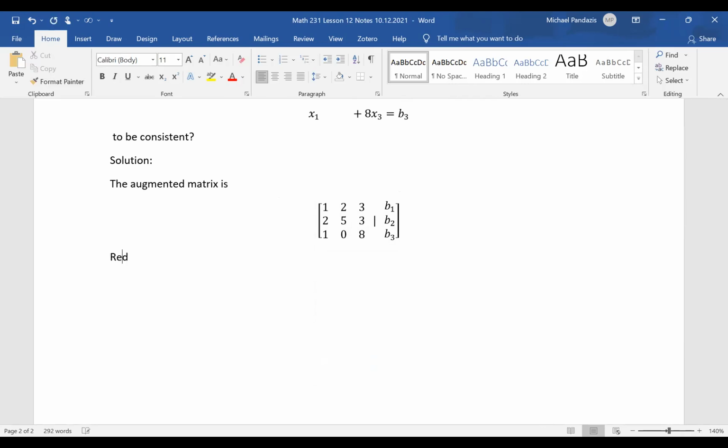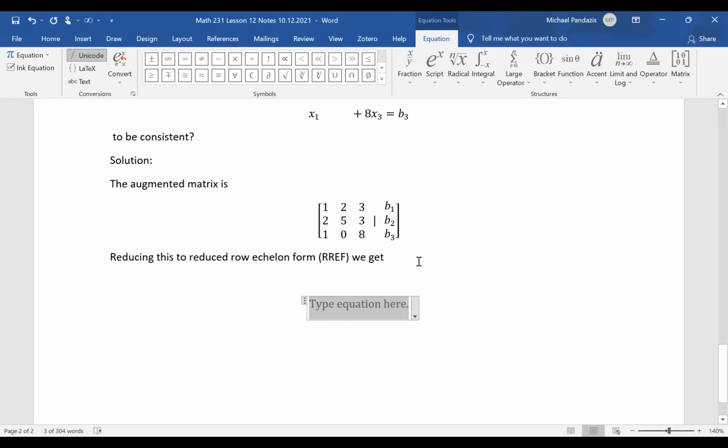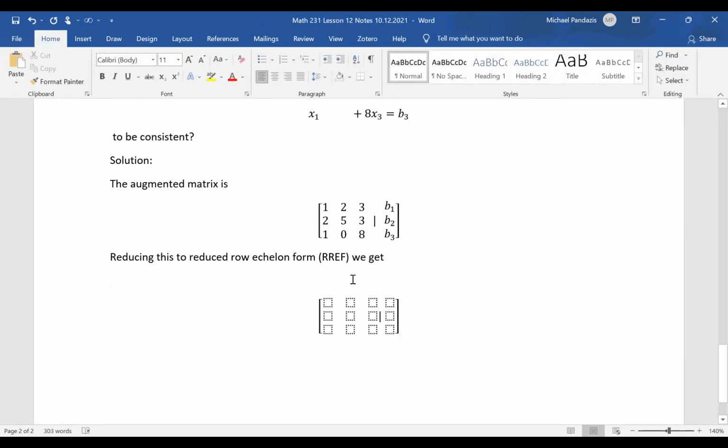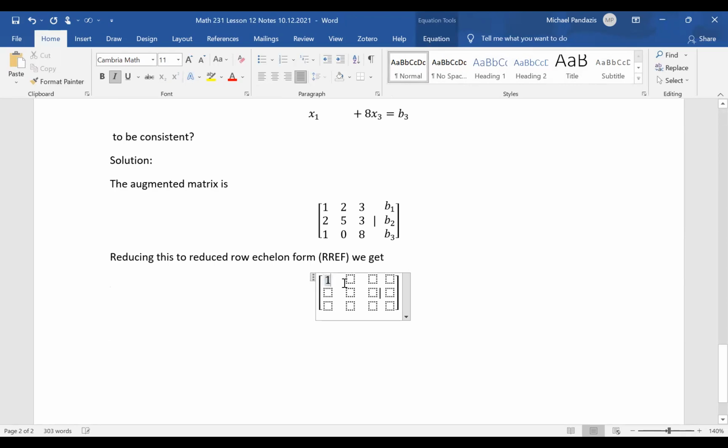So reducing this to reduced row echelon form, which remember, RREF is the abbreviation of it, I just wrote it in words. What we get is now this matrix: 1, 0, 0, 0, 1, 0, 0, 0, 1 on that side.